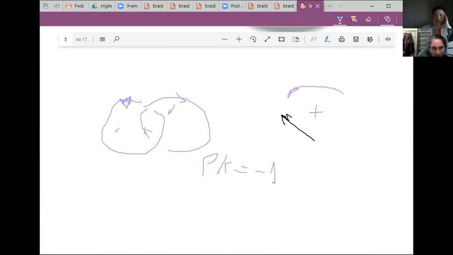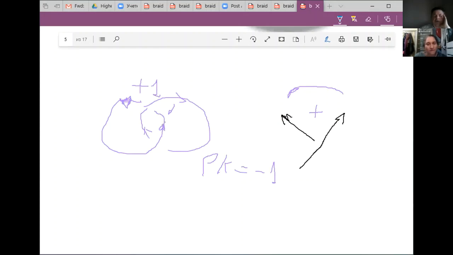I change orientation in another circle, right? What do I have? I have +1 here, and here, look.